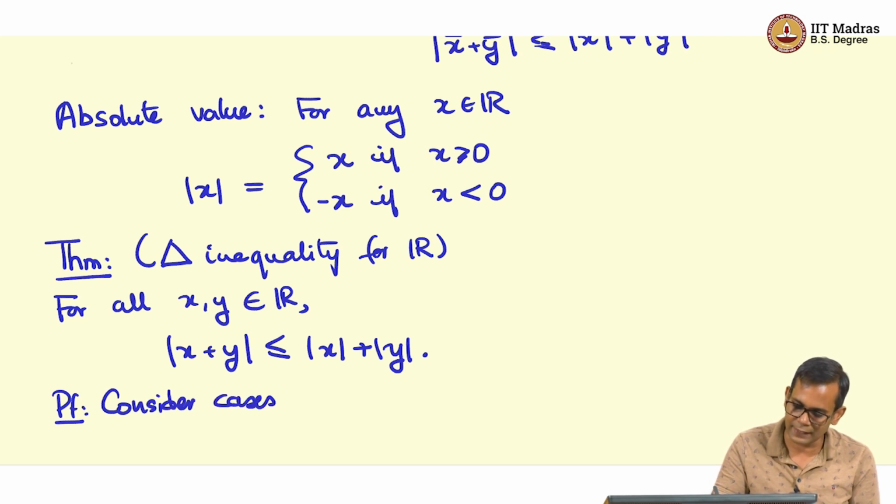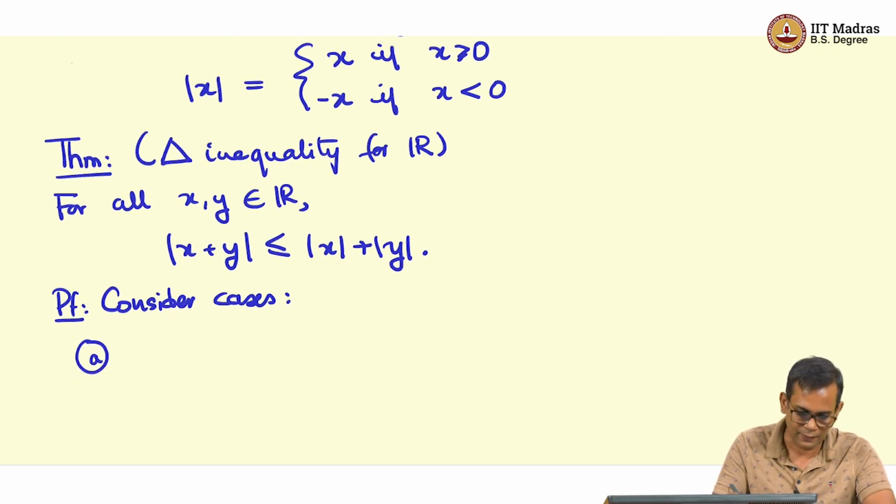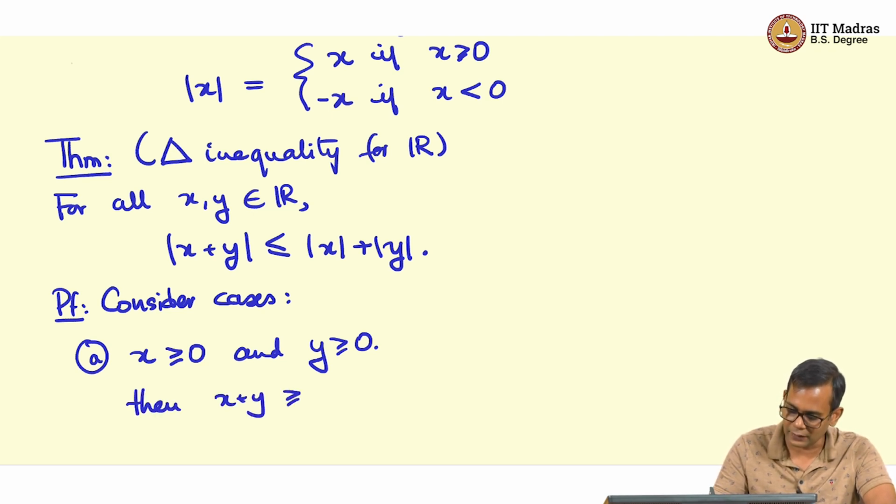The simplest case is perhaps, so case A, x is greater than or equal to 0 and y is greater than or equal to 0. So, in this case we know that if x is greater than or equal to 0 and y is greater than or equal to 0, then x plus y is also greater than or equal to 0.